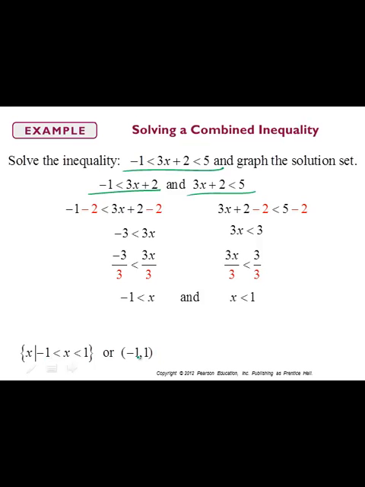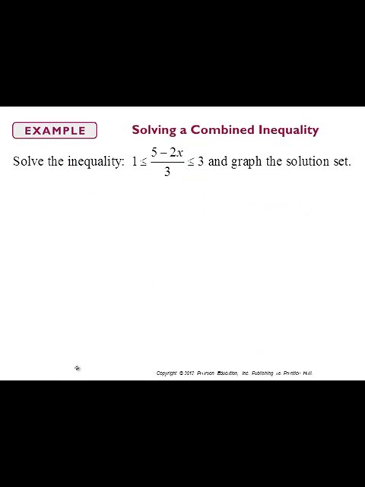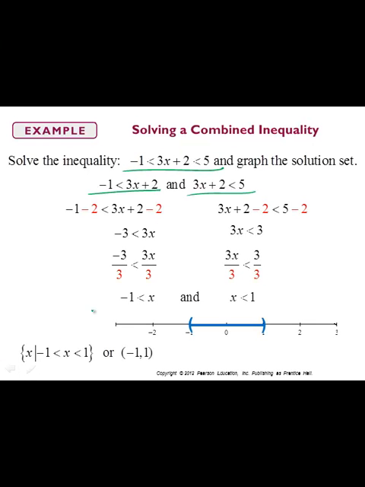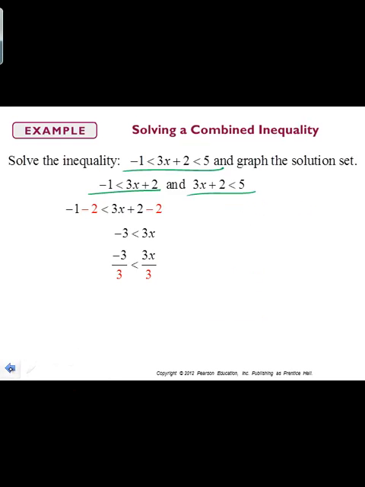Any number between negative 1 and positive 1, not inclusive, will work. But by the way, here's your interval on the real number line. But you could actually go through here, let me go back. You could actually go through here, and let me just go back to the original double inequality.